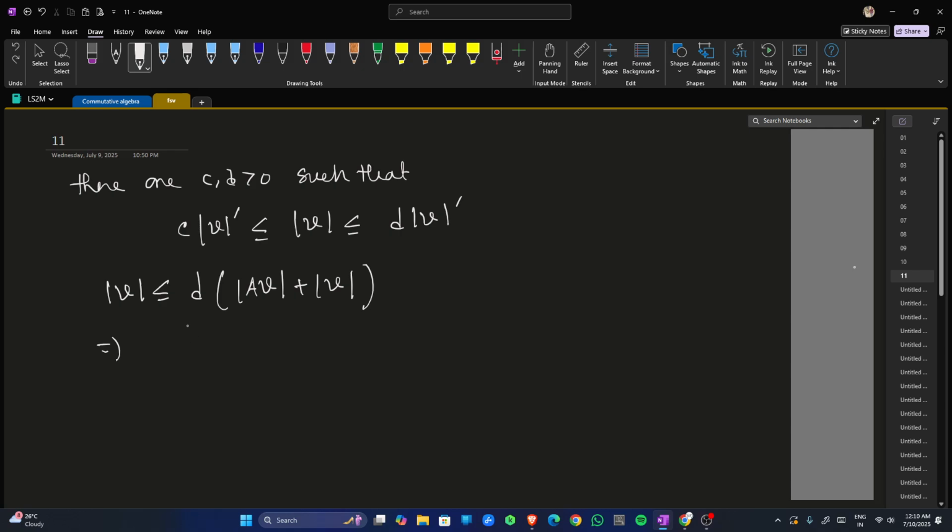Okay, 1 by d times the norm of v is less than or equal to... no, this side will not work.